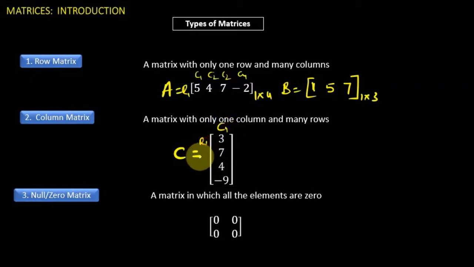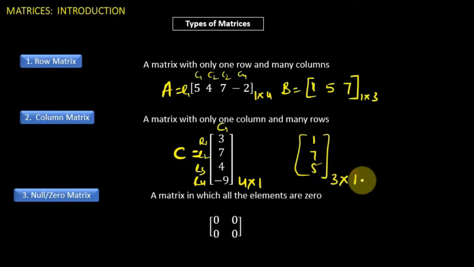But we have 1, 2, 3, 4 rows. So only one column means column matrix. Similarly, only one row means row matrix. One more example you can take like this: 1, 7, 5, anything. Here the order of this matrix is 3 cross 1. Only one column. Therefore, this is a column matrix.